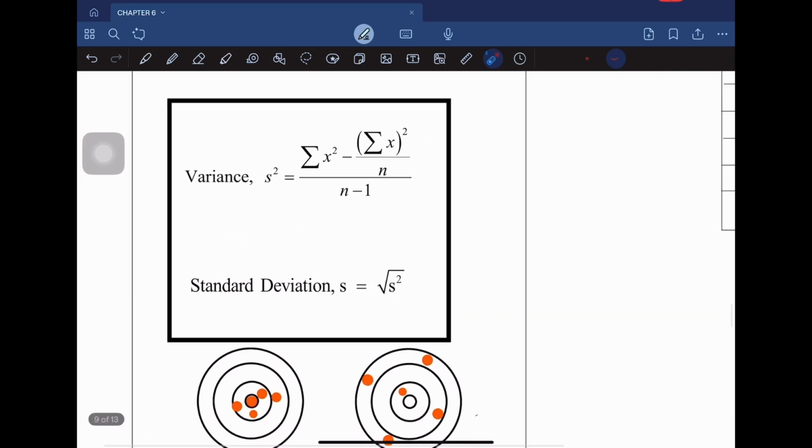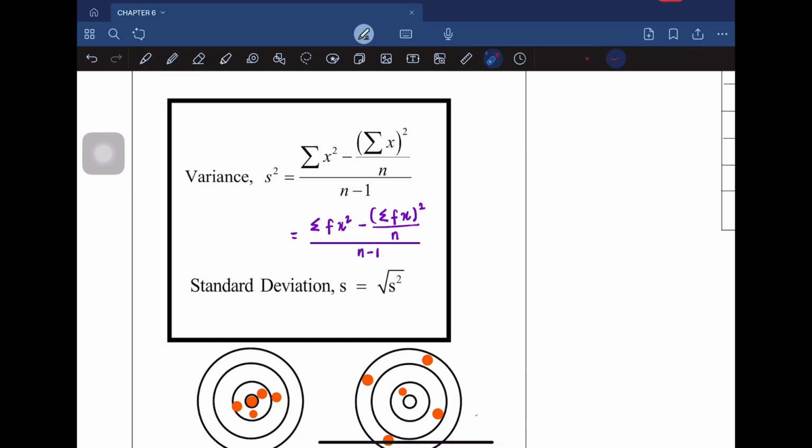Okay, so now let's go through the formula. For variance, this is the symbol. The formula for ungrouped data is the summation of x squared minus the square of summation x, divided by n minus 1. And if awak jumpa data yang ada frequency, your formula is the summation of fx squared minus the square of summation fx, divided by n minus 1.